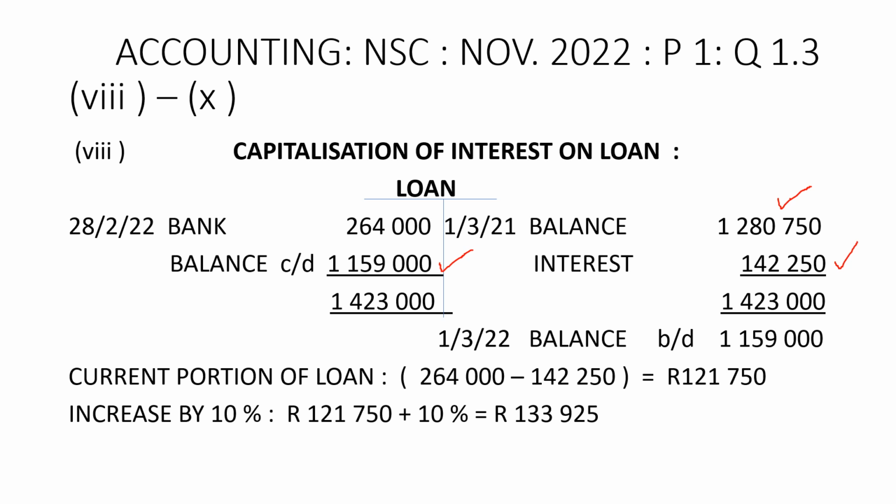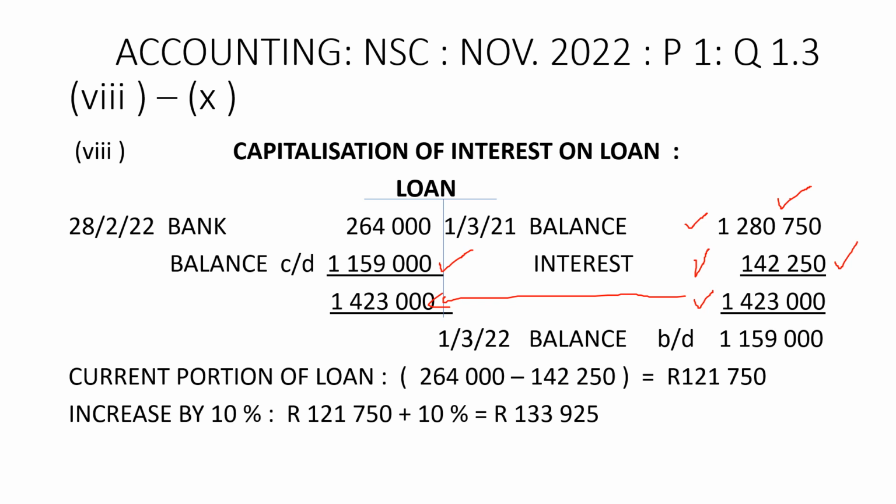On the credit side, 1,280,750 plus 142,250 would give us a total of 1,423,000. Now we will take that total, transfer it to the left-hand side. You have 1,423,000. Now we need to work out the monthly repayments.